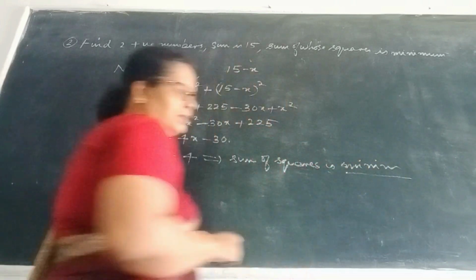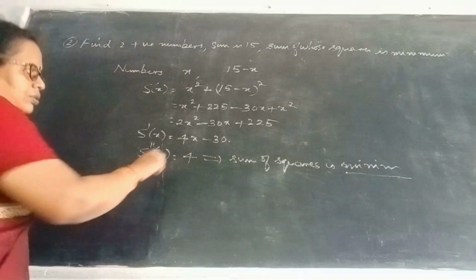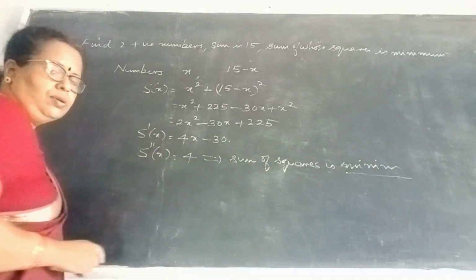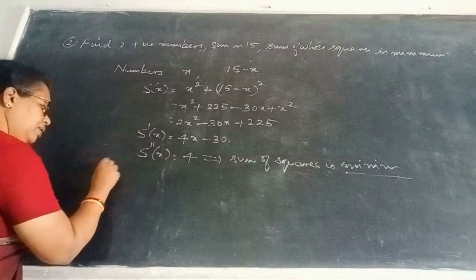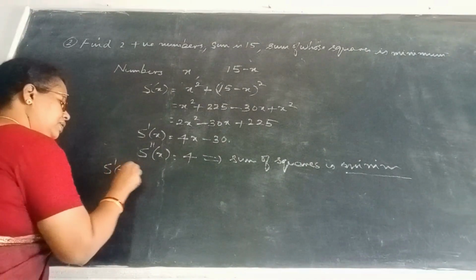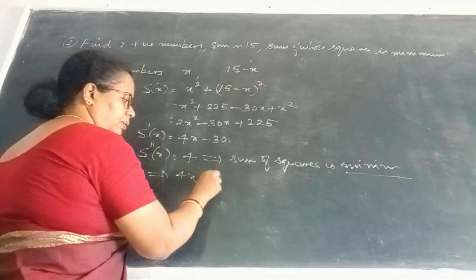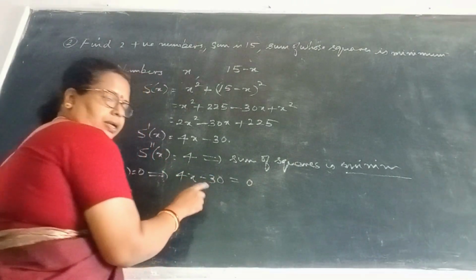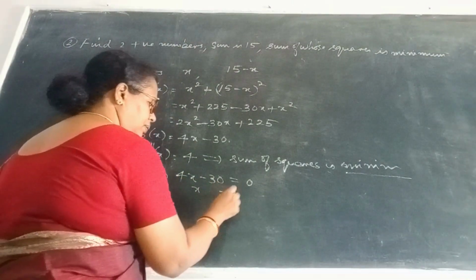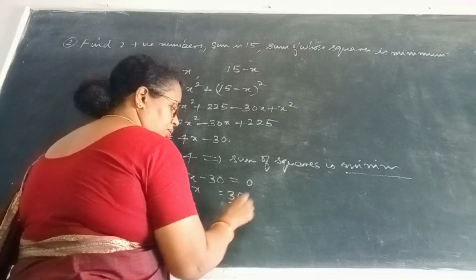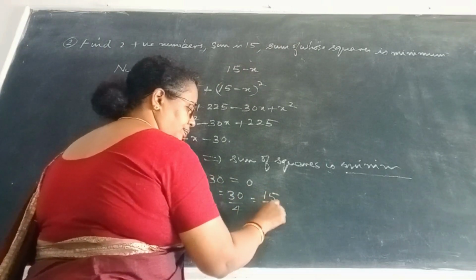So minimum is got. Now we should satisfy s dash x equal to 0 to find the exact value. So s dash x equal to 0 implies 4x minus 30 equal to 0, which means 4x equal to 30, or x equal to 30 by 4, so 15 by 2.